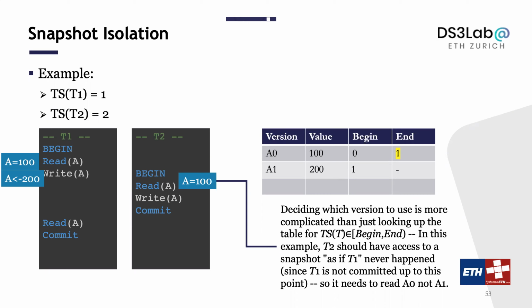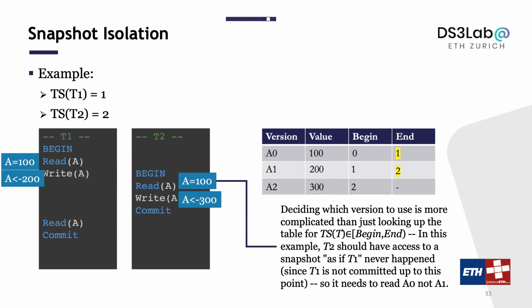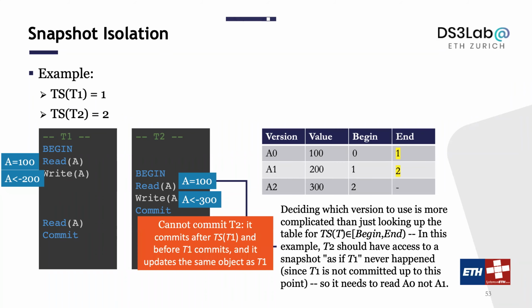And then when T2 writes, we essentially create a snapshot for T2. So T2 is going to work on version A2, T1 is going to work on version A1. And then in this case, assuming I want to commit T2, can I do it?